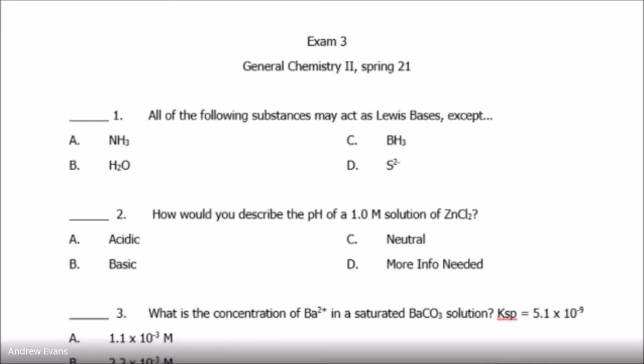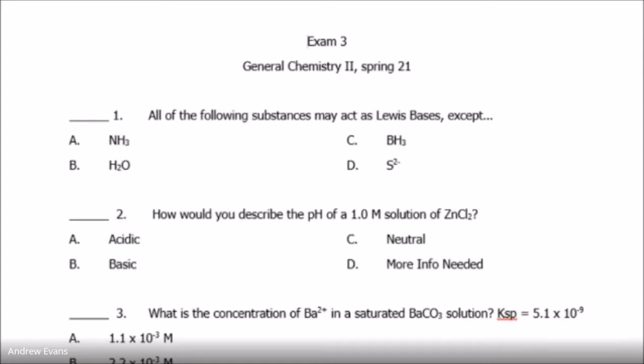Question 2 involves salts. You've got to think about how you would describe the pH of the following solution. We mix in zinc chloride. Would it be acidic, basic, neutral, or more information needed?